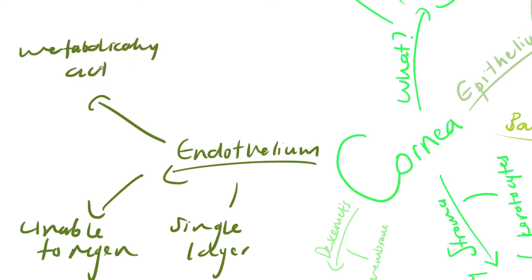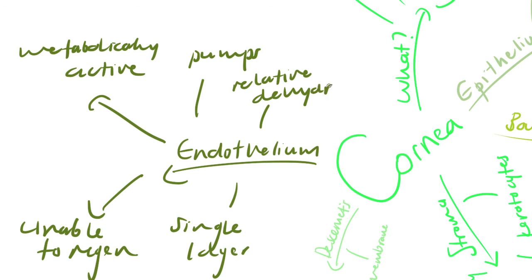And the reason that's true is because it contains many pumps which are involved in transport to keep a relatively dehydrated stroma, which contributes to the transparency of the cornea.